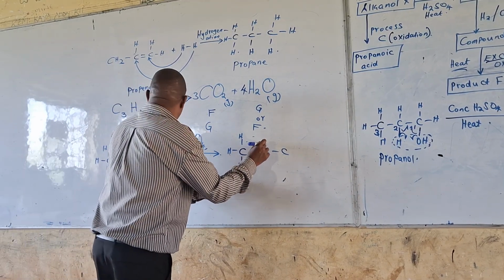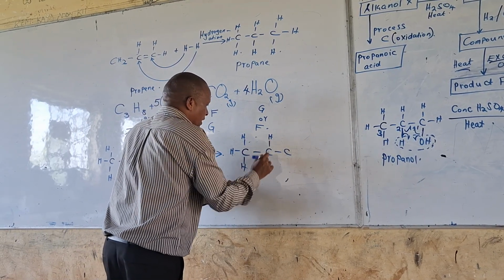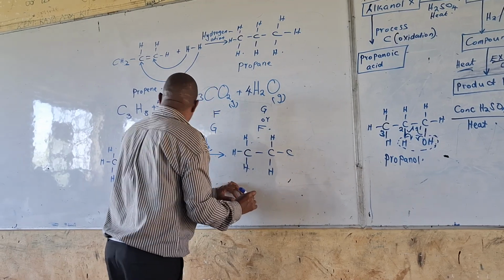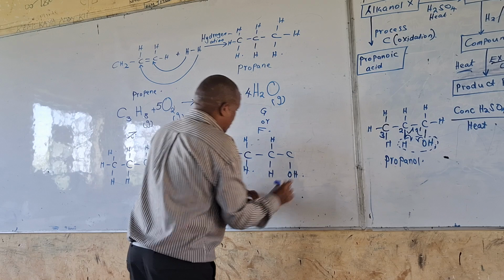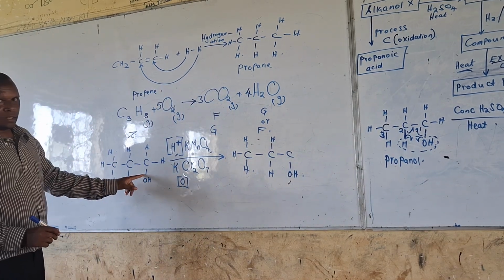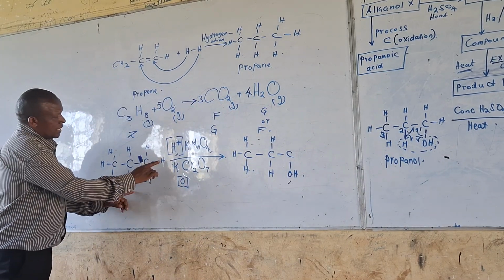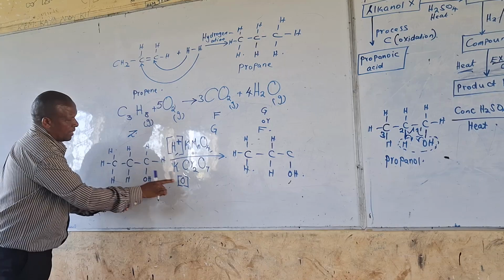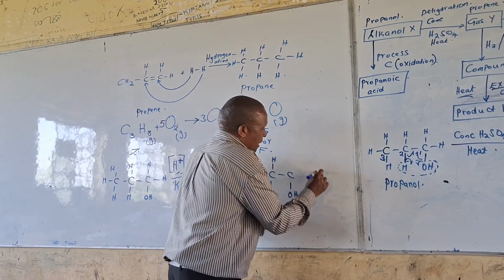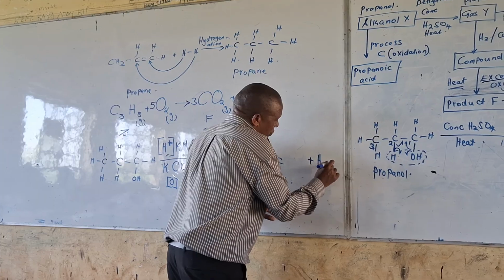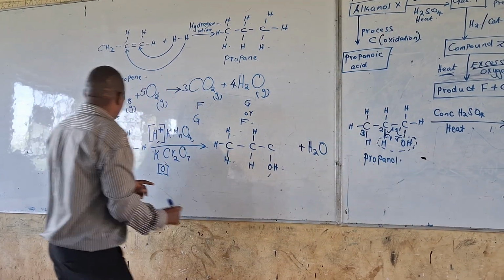This part again has not been affected, so you'll have H and then H. And then OH has not been affected, so it will remain the way it was. What is affected? This H and this H will combine with oxygen to give us what? Water. So what will be the product? H2O.